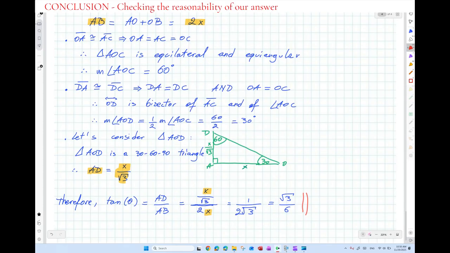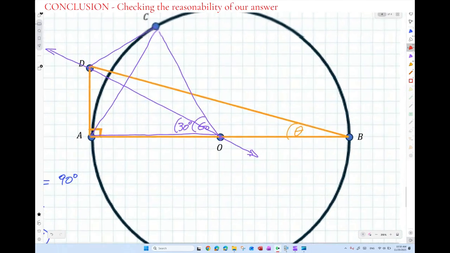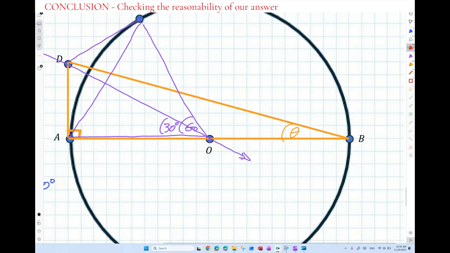And that actually matches what we have here. Look, if you consider not D, but this point on the circle, and if you consider this triangle there, you've got a 150-degree angle.